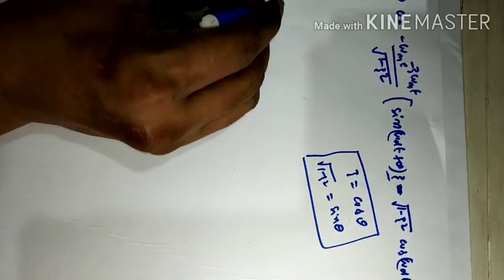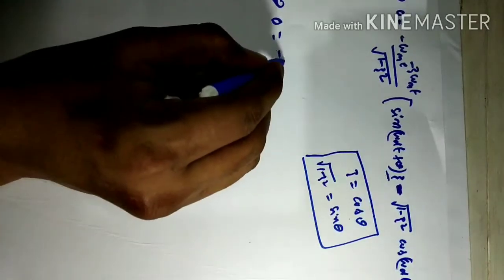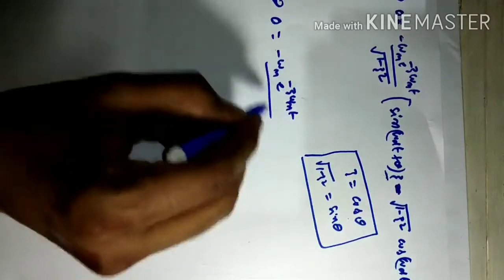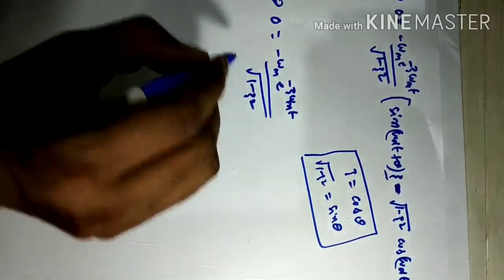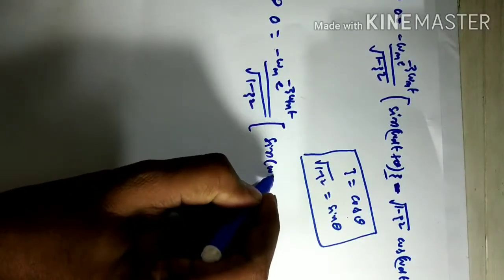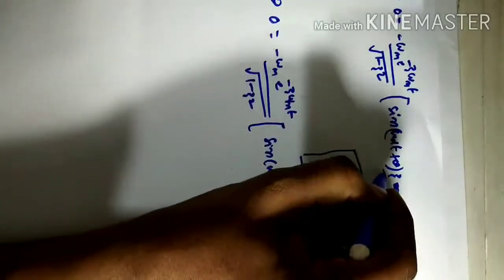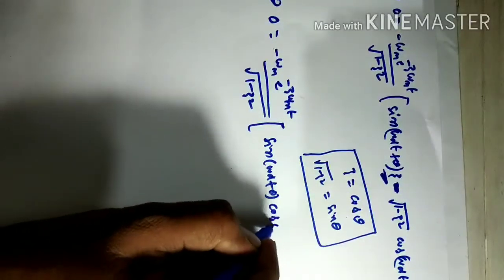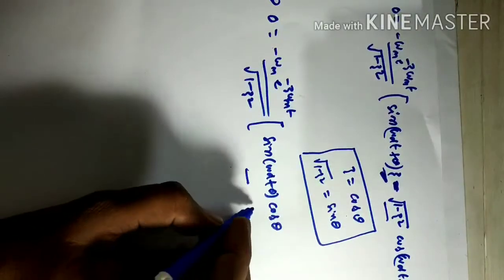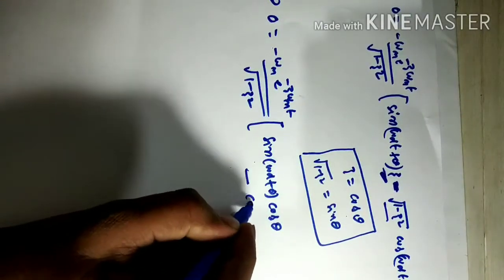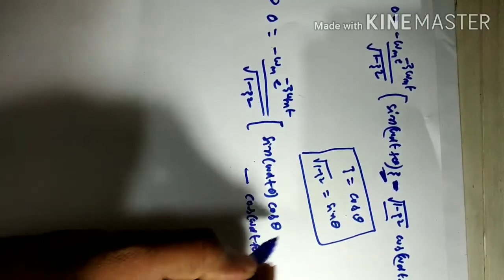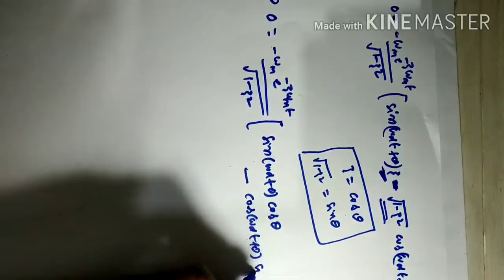So what you get? 0 minus omega n e raised to minus zeta omega n t root 1 minus zeta square, so sin omega dt plus theta, what is the zeta value? Cos theta, okay, minus, so this value becomes sin theta.